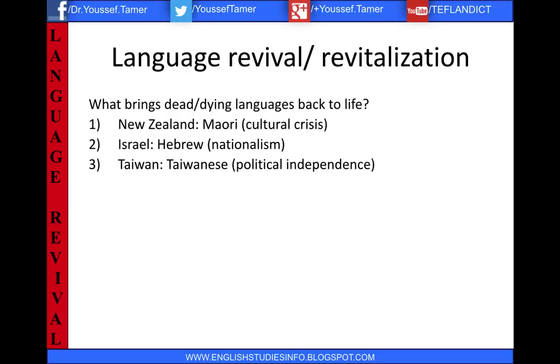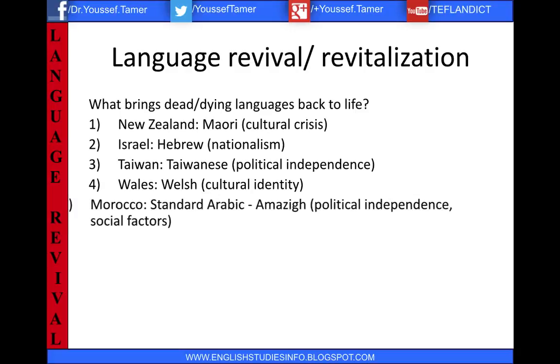Political independence. An example is Taiwan. After their independence, they revived their native language, which is Taiwanese. Wales, in Great Britain, they revived their language, which is Welsh, for cultural identity, because that's the language of their culture.